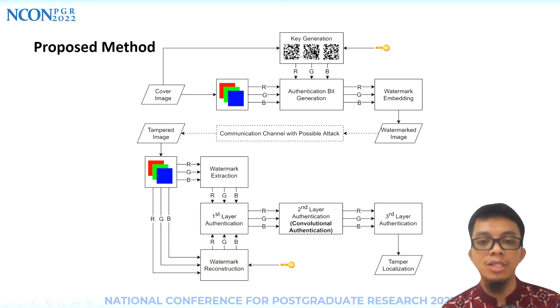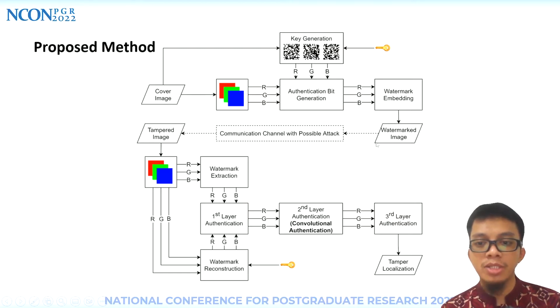The random noise is used as a key, and it is incorporated in the authentication bit generation. When the authentication data is generated, we embed the authentication data into the cover image, and it will output a watermark image.